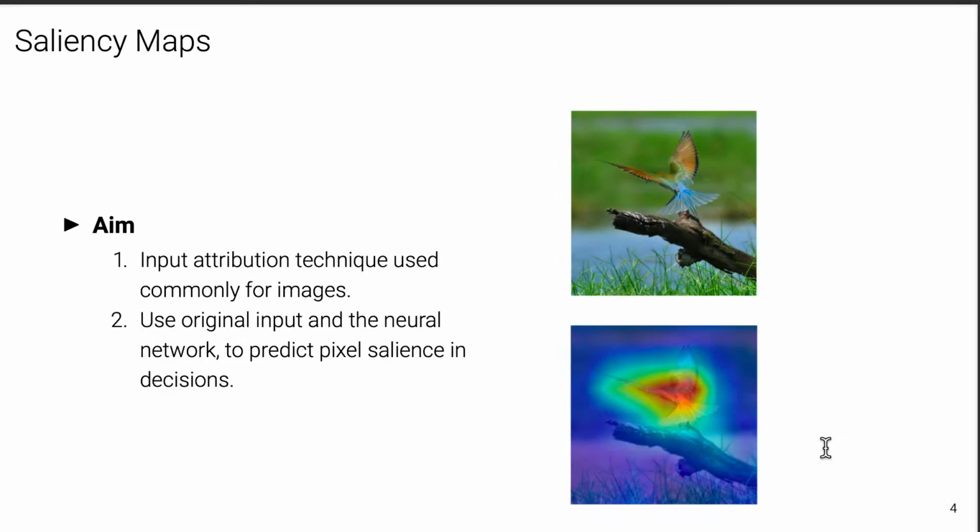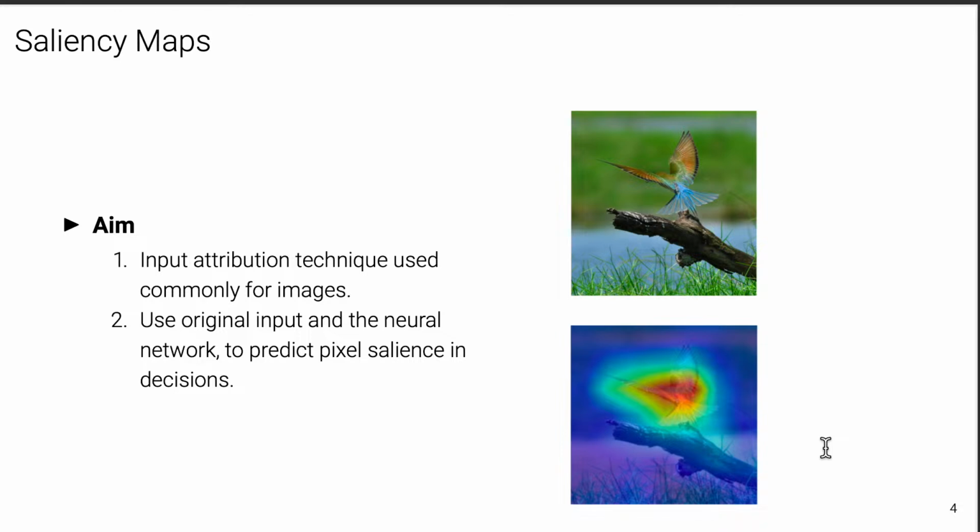Saliency maps are an attribution technique commonly used in image processing, where we take an original input, get the machine's decision for this input, and based on this we decide which pixels in the input are salient for the decision that we're making.